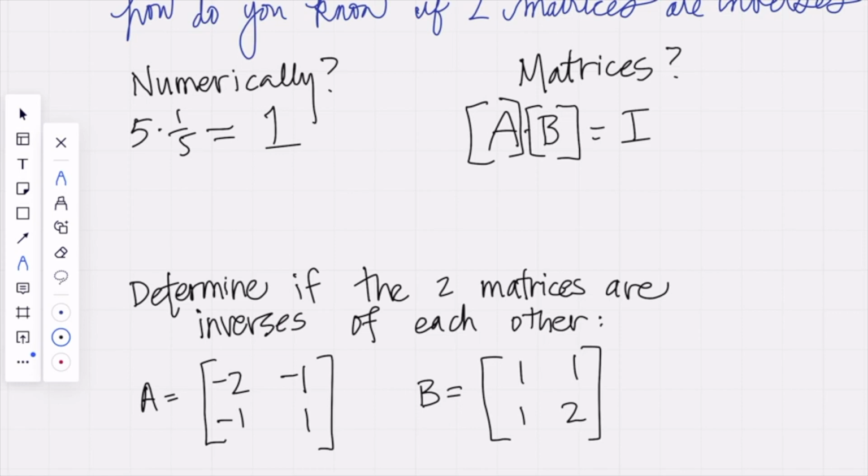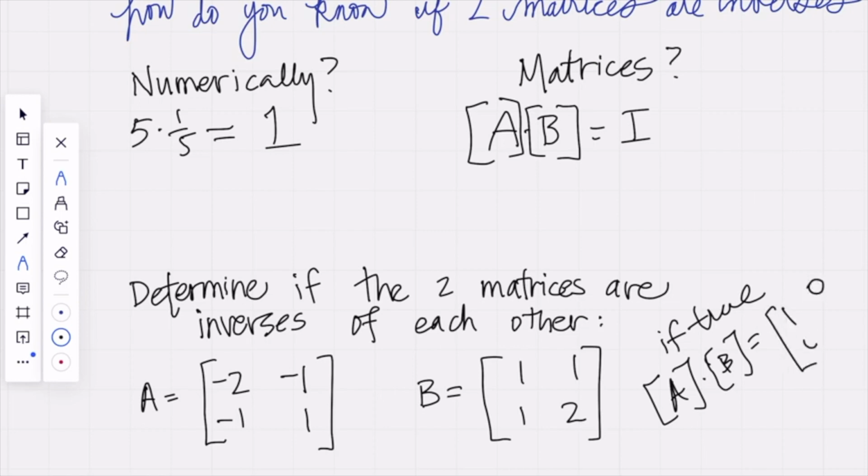Okay, so if it's true, then matrix A times matrix B will equal 1, 0, 0, 1. Okay. Or you could do it by hand. You know, a 2 by 2 matrix you could easily do by hand and see if that's true. Okay, and I'm going to leave that up to you.